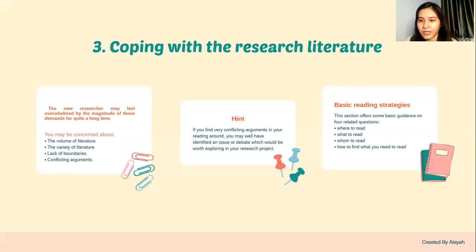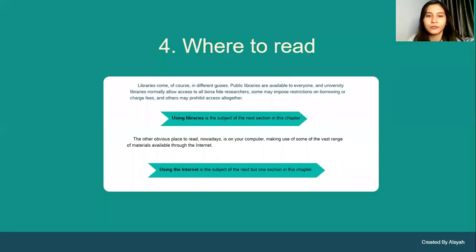This section offers some basic guidance on four related questions: where to read, what to read, whom to read, and how to find what you need to read. 4. Where to read. Libraries come, of course, in different guises.